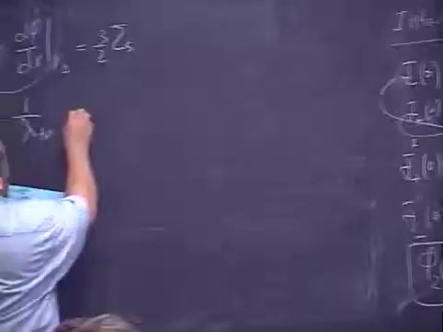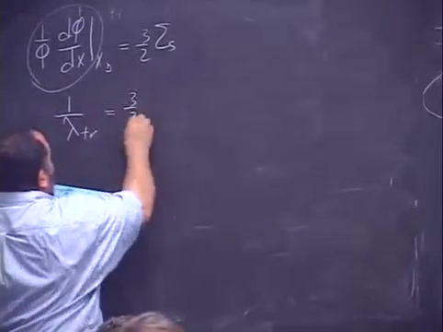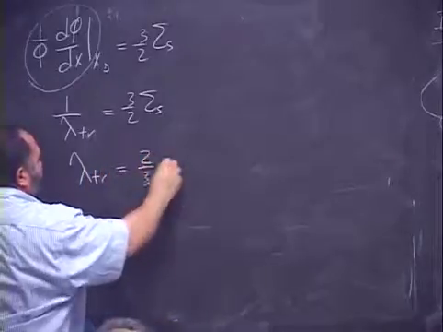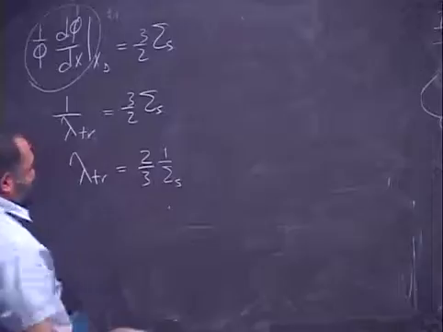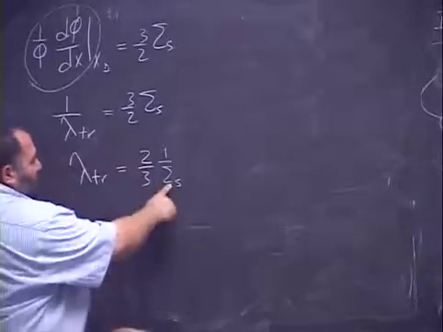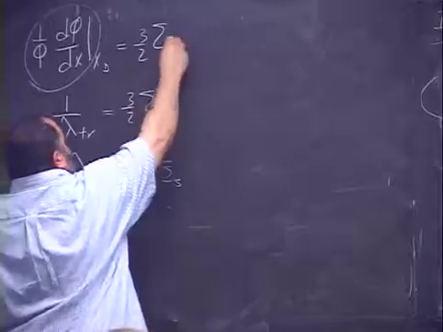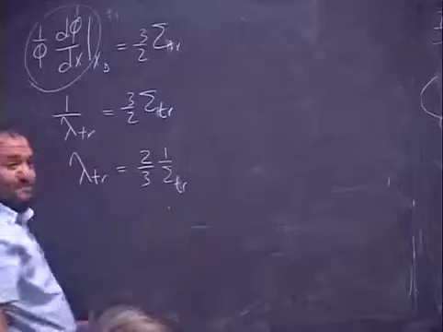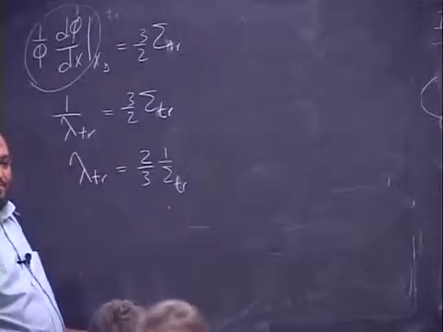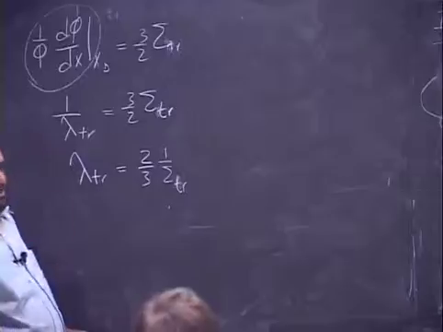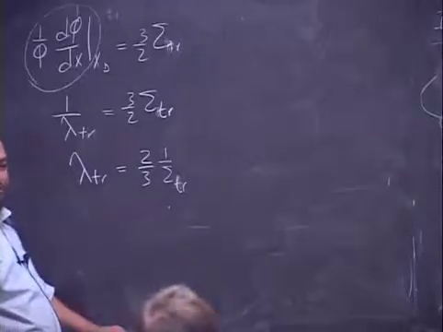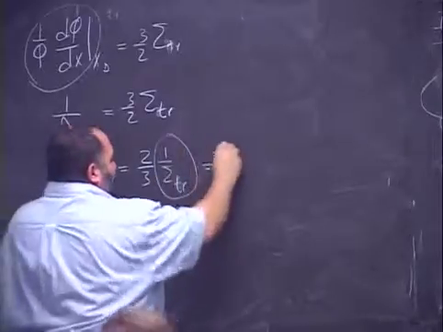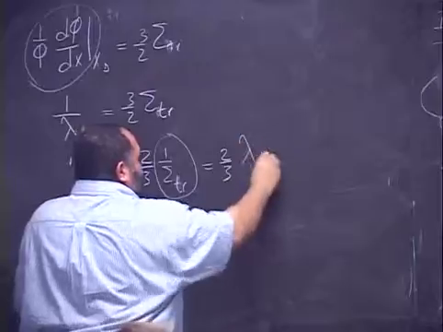So 1 over lambda extrapolated will be equal to 3/2 sigma transport, and lambda extrapolated will be equal to 2/3 times 1 over sigma transport. So what's 1 over sigma? 1 over any cross section is the mean free path. So this is 2/3 lambda transport.